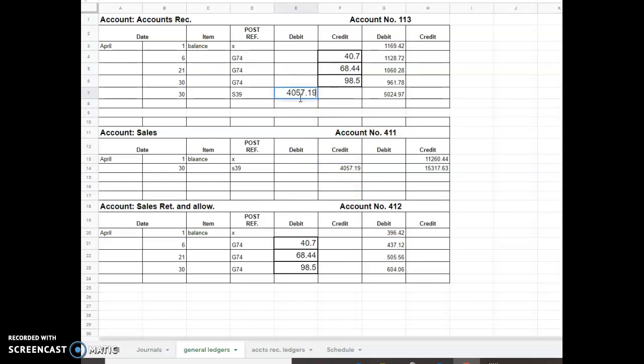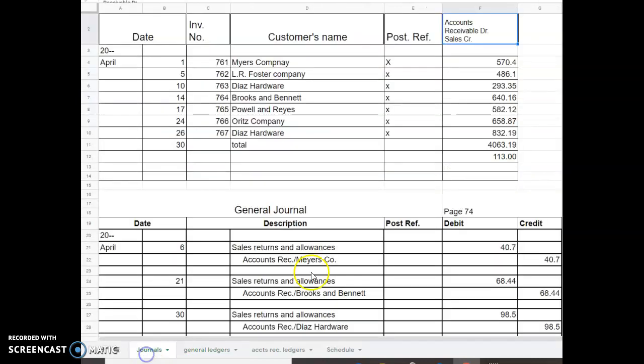Let me double check my journal and see if I messed something up here. There's my mistake. 652.87. There we go. That fixed my mistake.